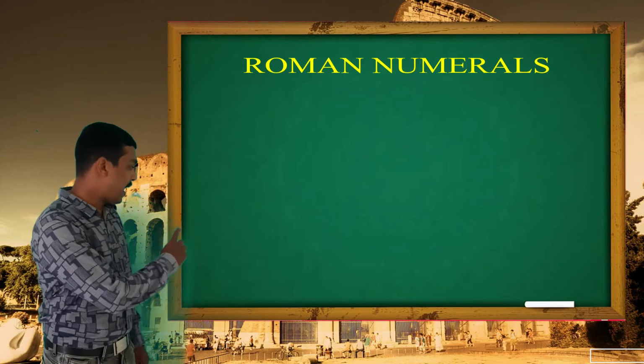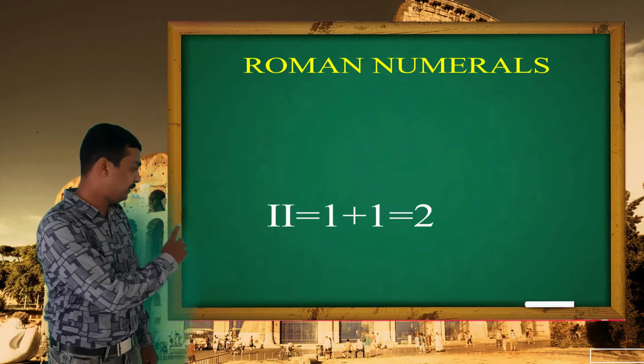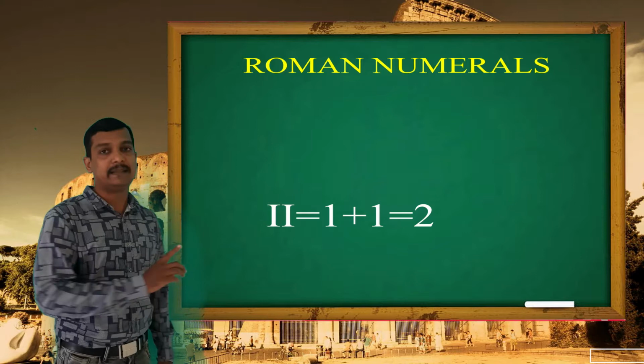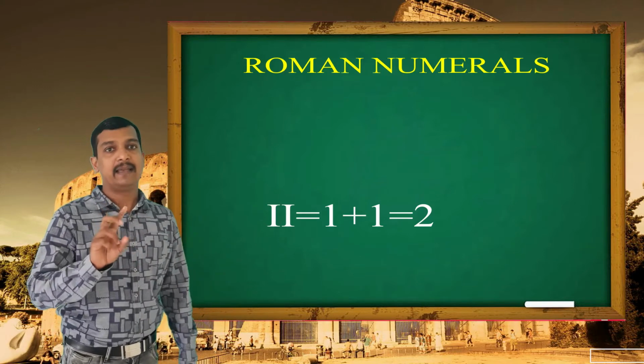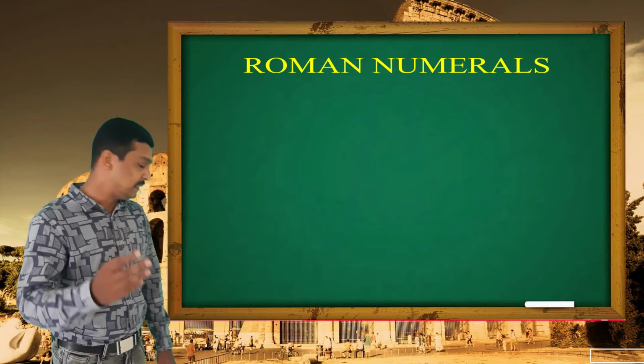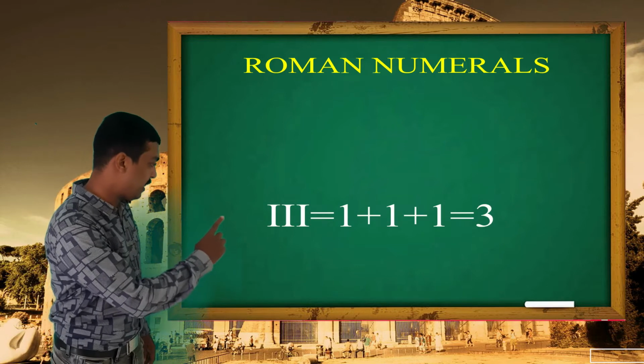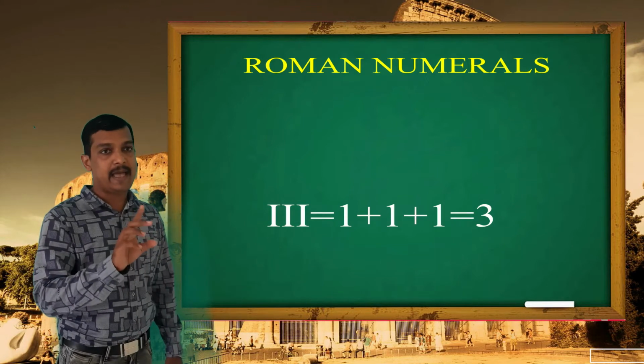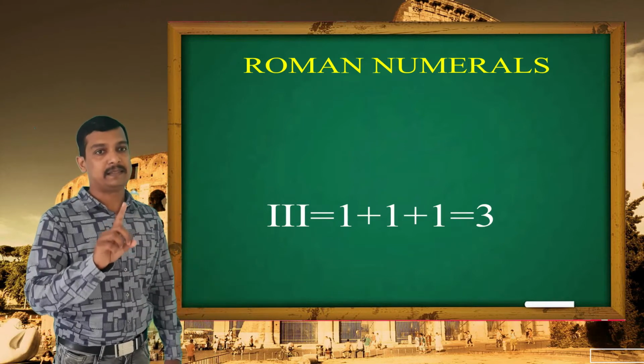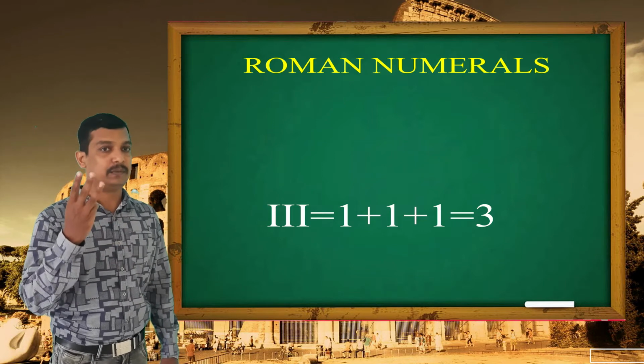If we write II, 1 plus 1 is equal to 2. That is, II makes 2. In the same way, III, 1 plus 1 plus 1 is equal to 3.